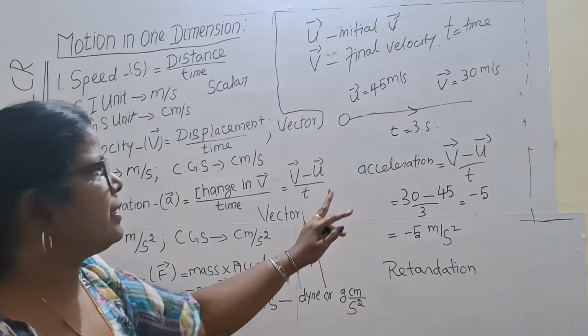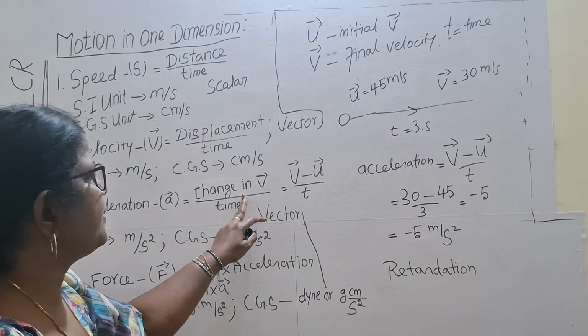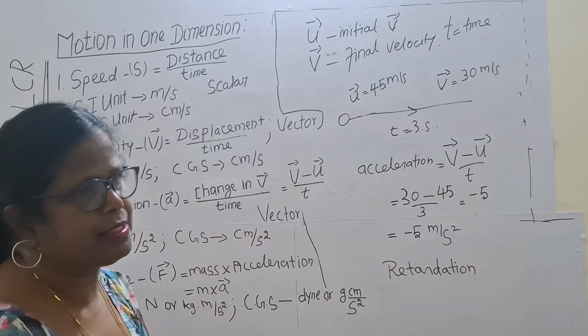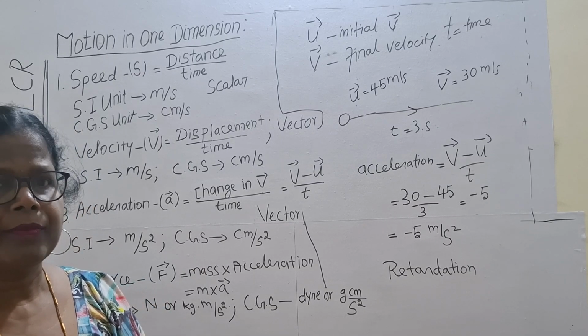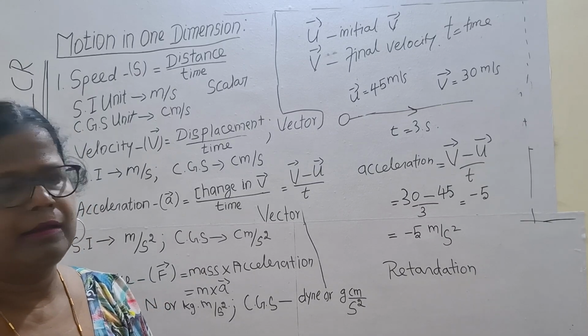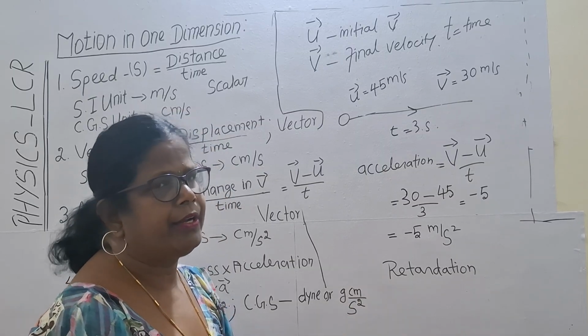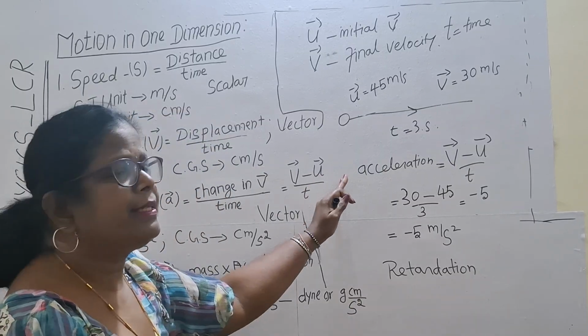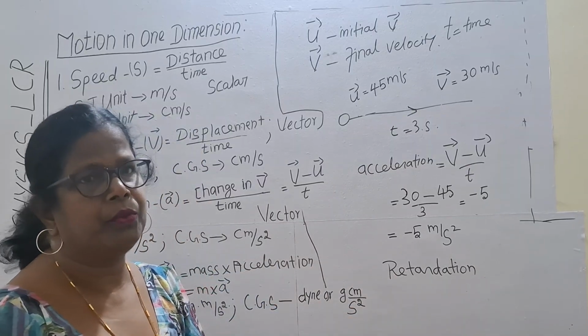Acceleration is a positive value. What is retardation? Retardation is the rate of change of velocity in a decreasing manner. That is known as retardation. Acceleration is a positive value, retardation is a negative value.